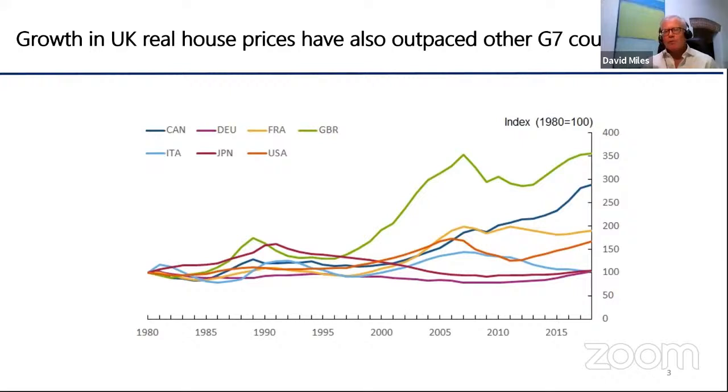That's an awful lot of people who don't need to live quite as close to where they work as they did 18 months ago. And this very important link between interest rates and house prices.